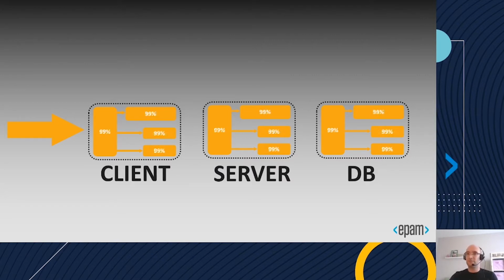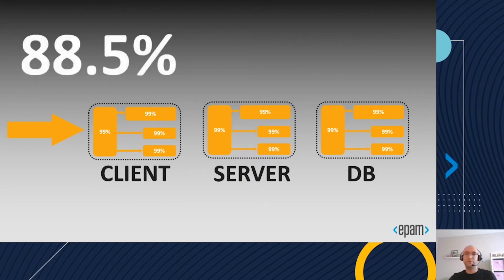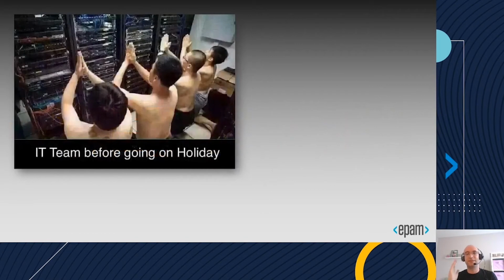Again, let's assume the availability of each individual element is just 99%. Now your availability just dropped down to 88.5% just because you introduced much more dependency in this architecture. So what this means for us again is that things go south very easily. All right. Probably that's why the IT team looks like that before they go on holiday.